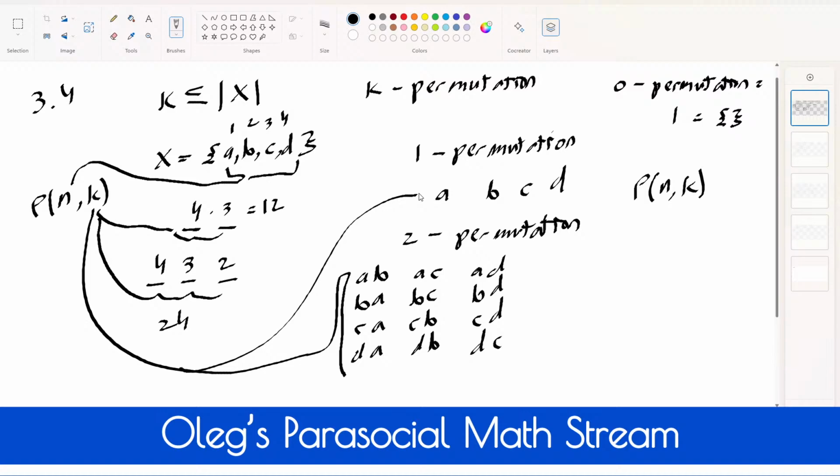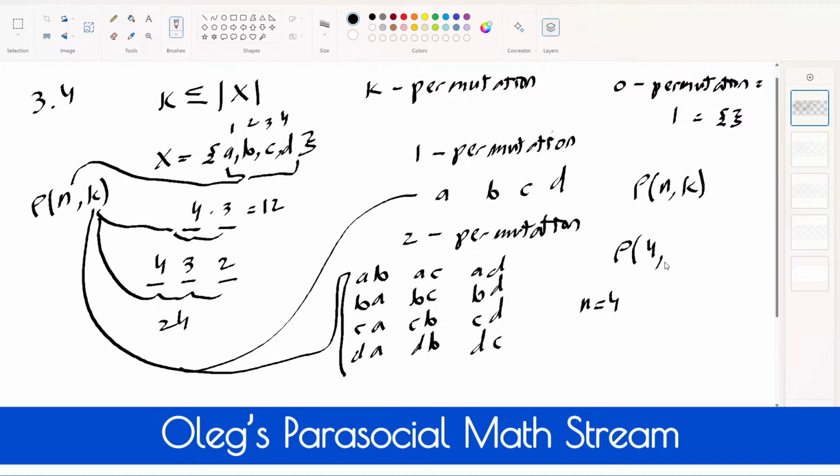Just remember that. If you say that your set X has 4 items, A, B, C, D, then our n equals 4. So we're going to put 4 here.